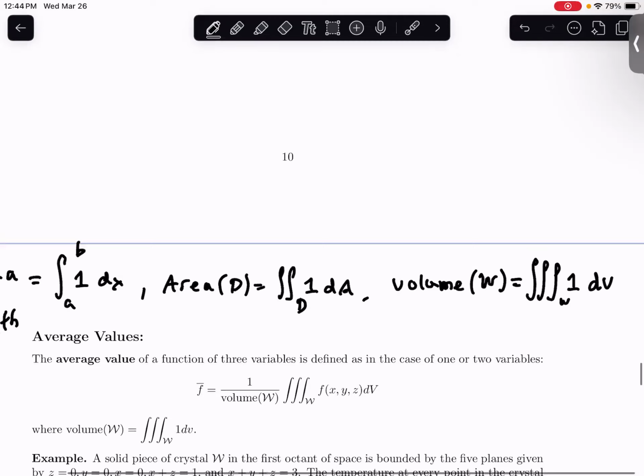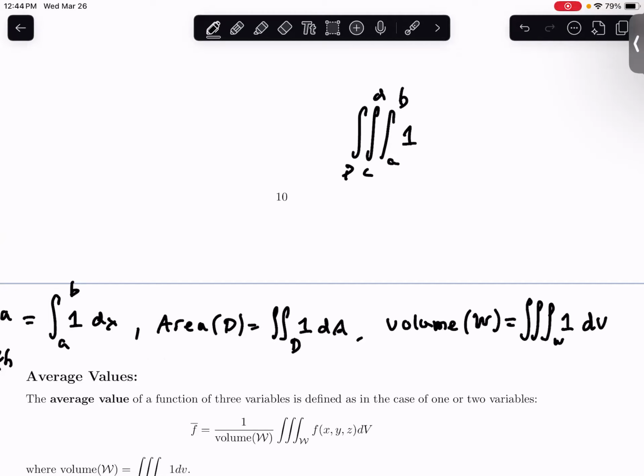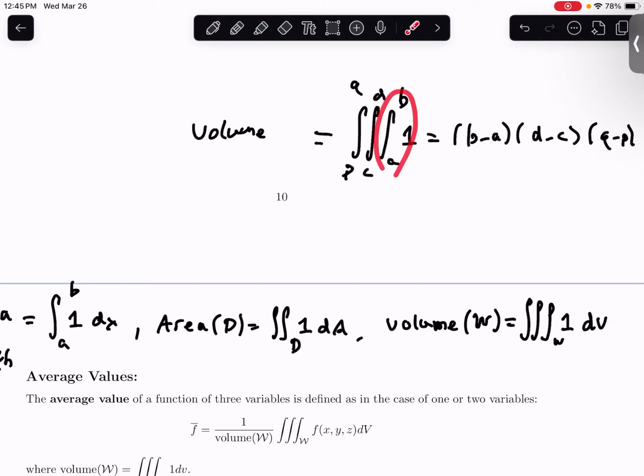If you're integrating 1 over a box, this would be [a,b], this would be [c,d], and this would be [p,q]. And so this would end up being equal to (b minus a) multiplied by (d minus c) multiplied by (q minus p). And this would be equal to the volume of the box determined by these 3 intervals right here.